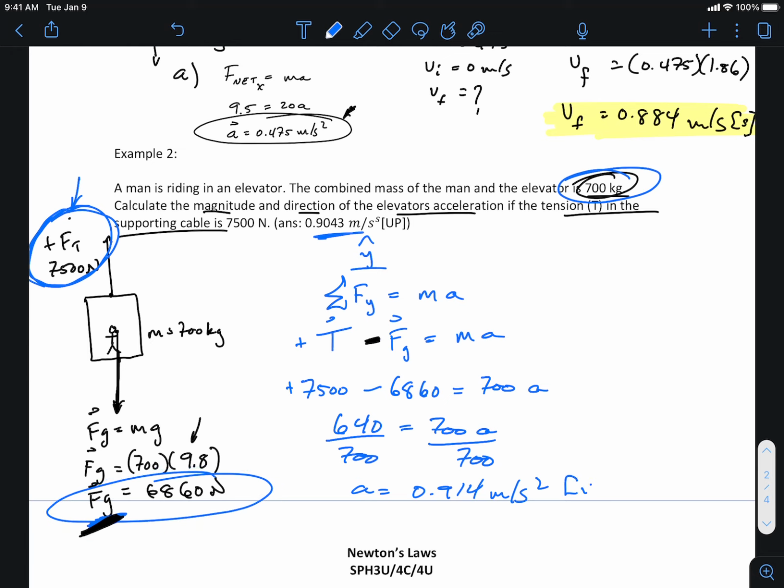So we have to be able to say up, north, something. I was getting that on the formative too. Anytime you have a vector, you have to remember to put the magnitude and the direction.